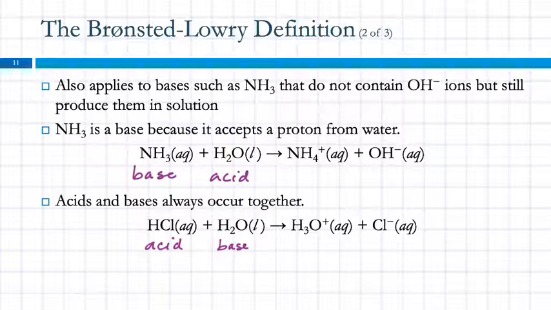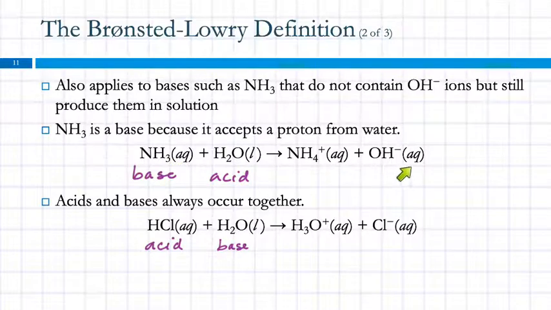So in order for an acid or a base to behave as such, there has to be a partner. Did you have a question? I was going to say if NH3 is paired with water, we would know that the NH3 is the base because it accepts the proton from the water.